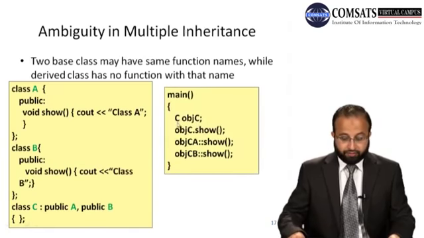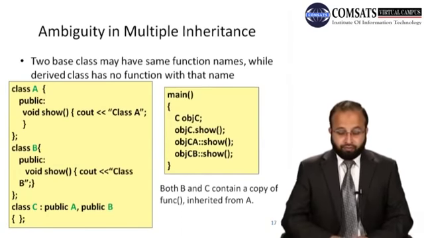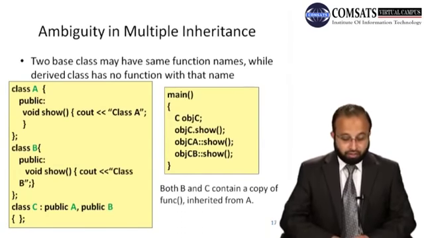For example, like this, we made an object obj of class C, now it calls the show function. So here the compiler doesn't know which function to call, either the show function of class B or of class A, right?